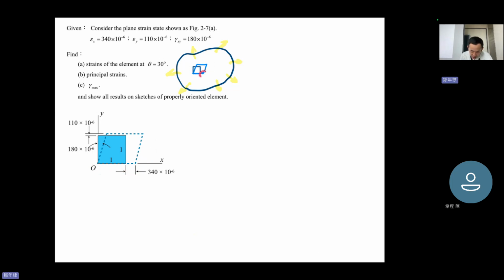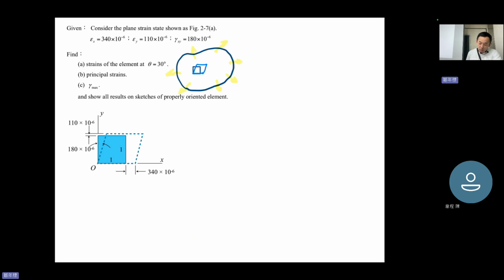Okay, and this has 340 times 10 to the minus 6, and the y direction has 110 times 10 to the minus 6, and 180 times 10 to the minus 6 in shear.